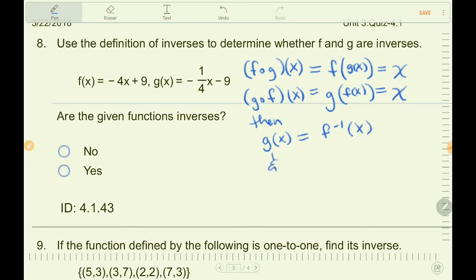And likewise, f is the inverse function of g, which in other words means they undo each other.